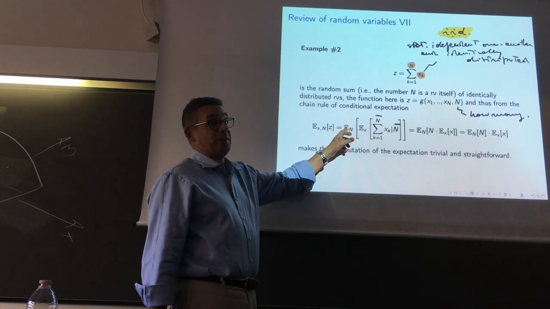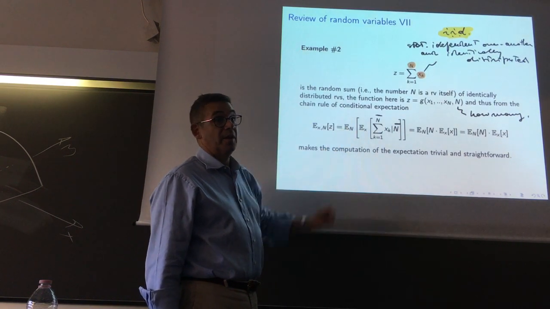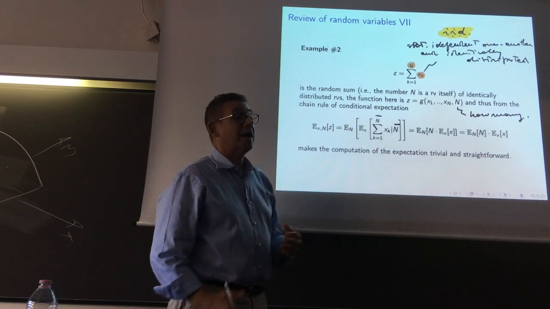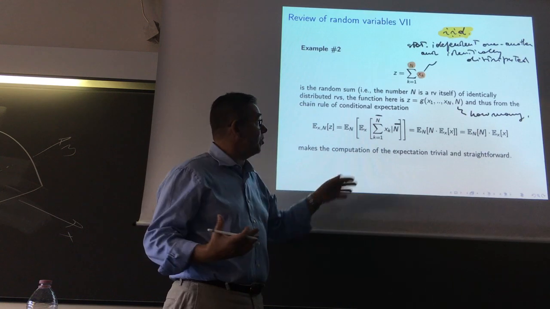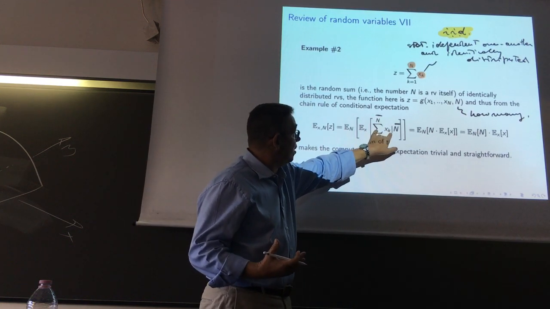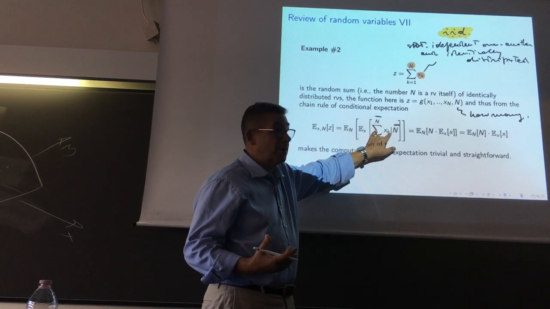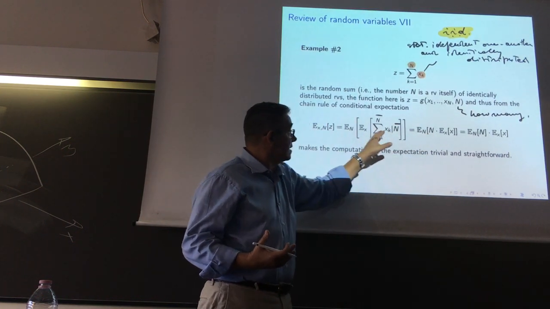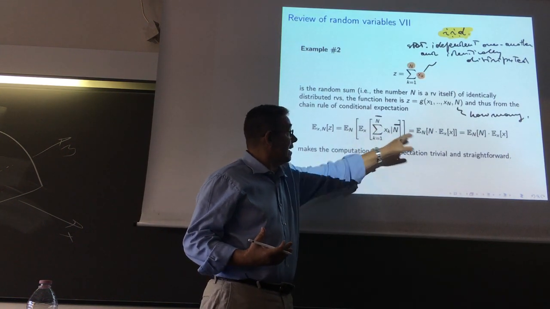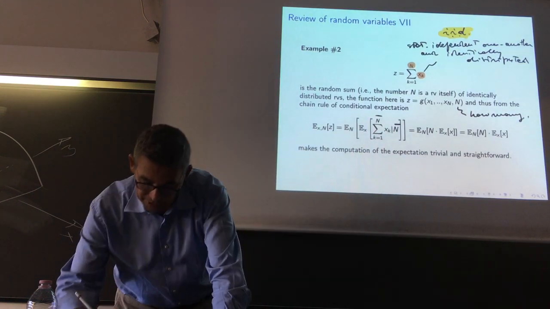And then I take the expectation after. Now, since they are independent and identically distributed, the expectation of all these entries are all the same. So I have n times that, which is unknown.